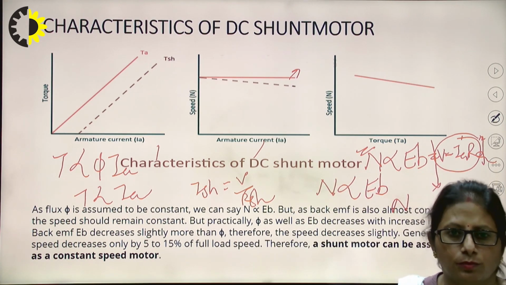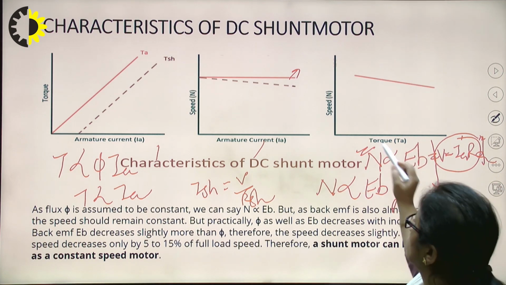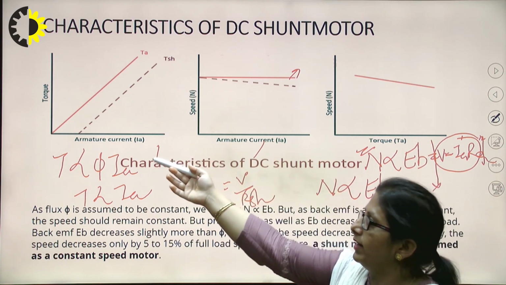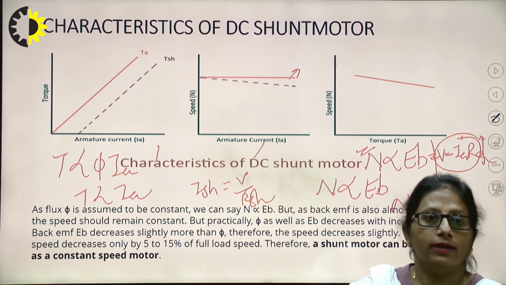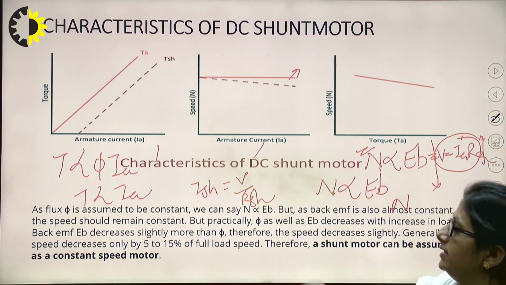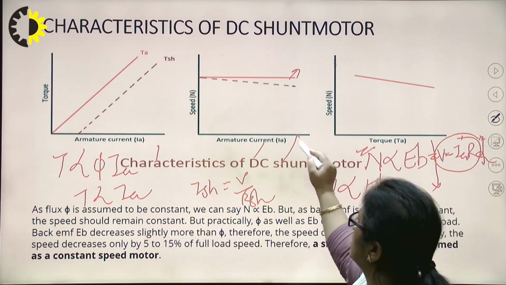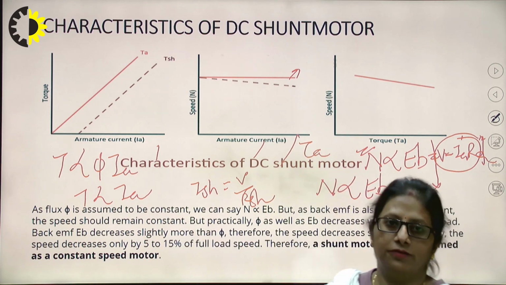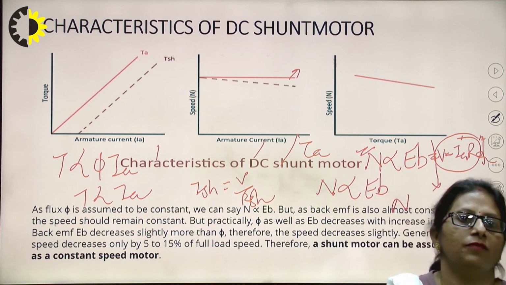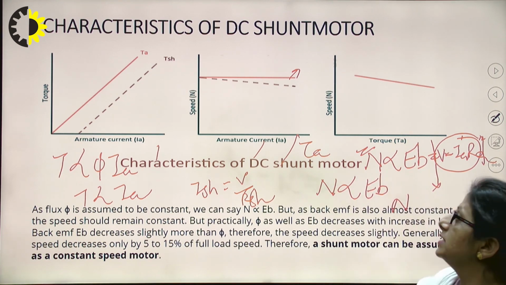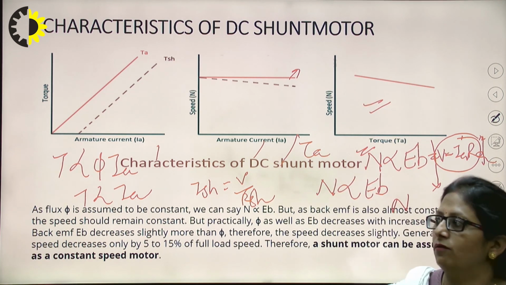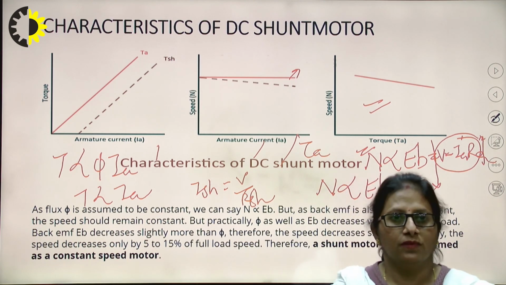Torque and armature current are directly proportional, so in place of armature current I may just substitute torque. The nature of the graph is going to remain the same, so I get the same kind of graph as in the earlier case.